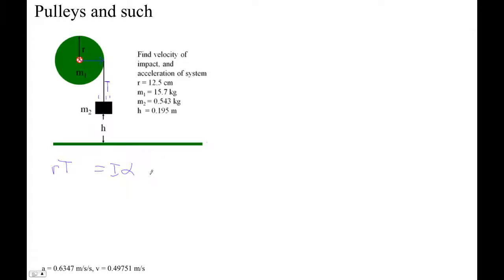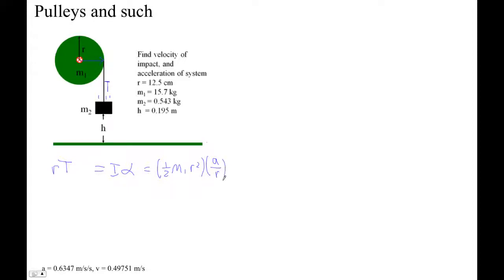So now we can substitute. It's a cylinder, let's assume, so I is 1/2 m1 r squared. And for the alpha, we're going to substitute the linear acceleration of this mass over the radius.